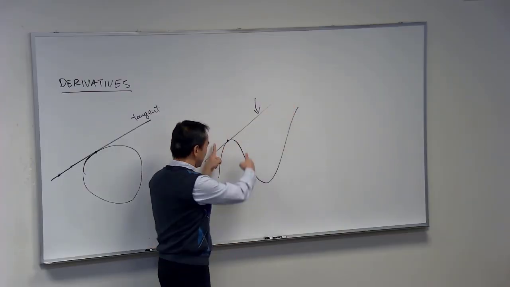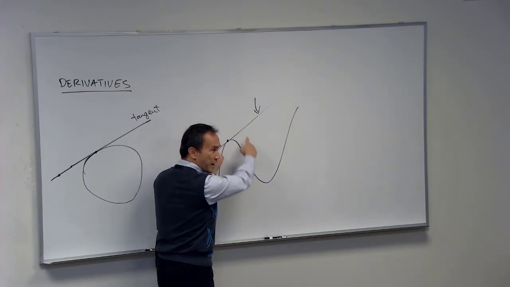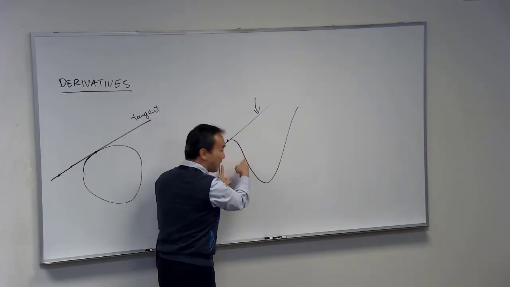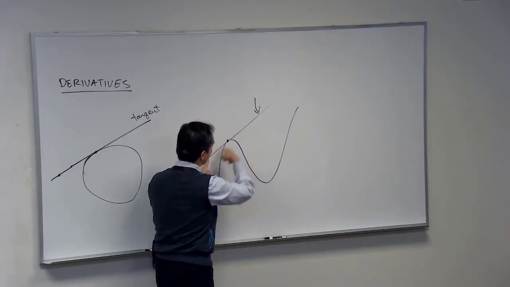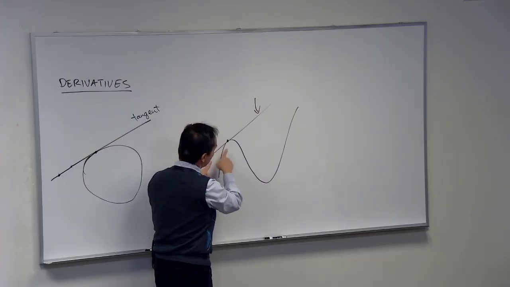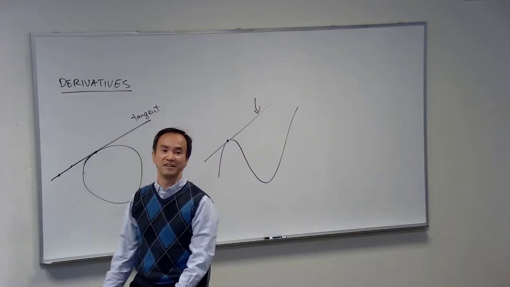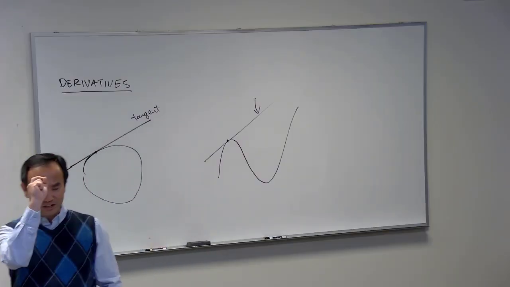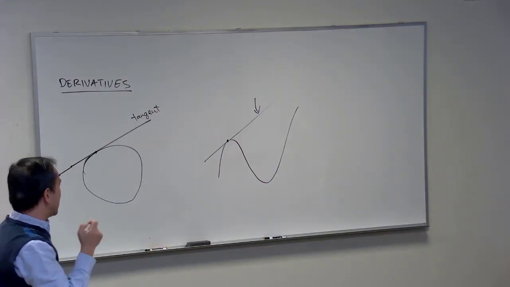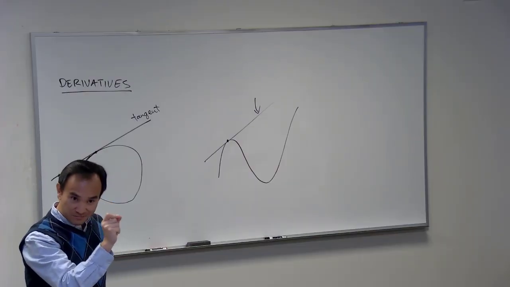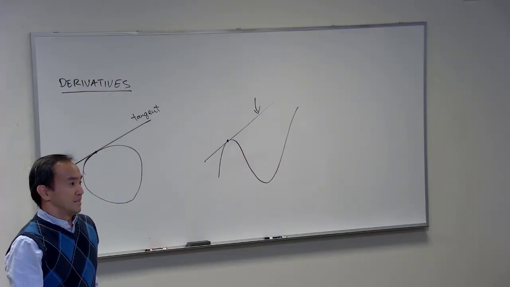But the idea is that in some local area, in some nearby interval, the line only goes through the graph at one point. So the tangent line is the line that barely touches that curve at only one point. Sounds good with that, right?